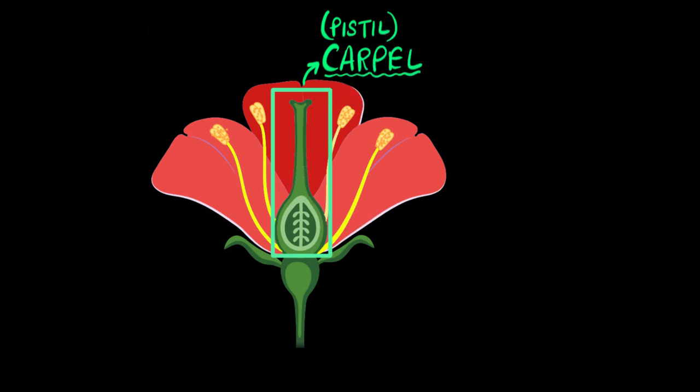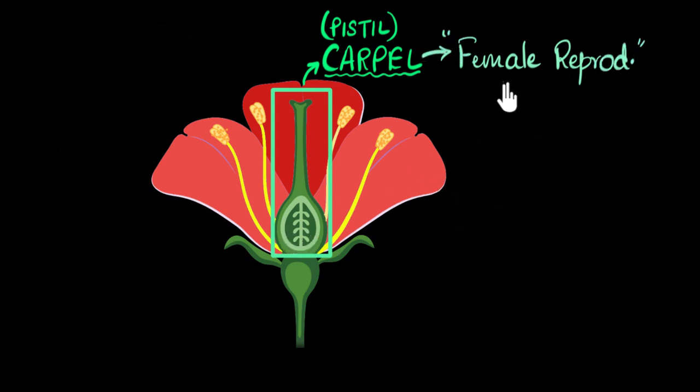But what's important is that the carpel or the pistil, that is the female reproductive part of the flower. So I'm just gonna write female reproductive, okay? Now, why do we say that the carpel is the female reproductive part?